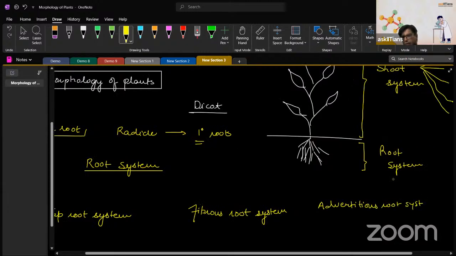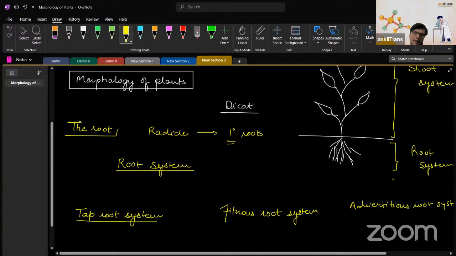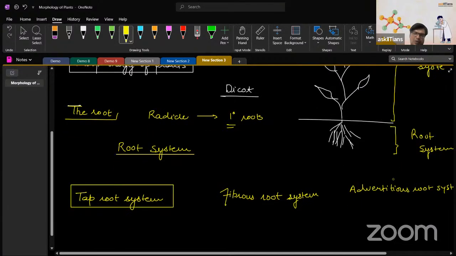So let's discuss first the taproot system. In order to explain the taproot system, I will obviously need a diagram that I'm going to use here. So give me a moment to get the diagram.